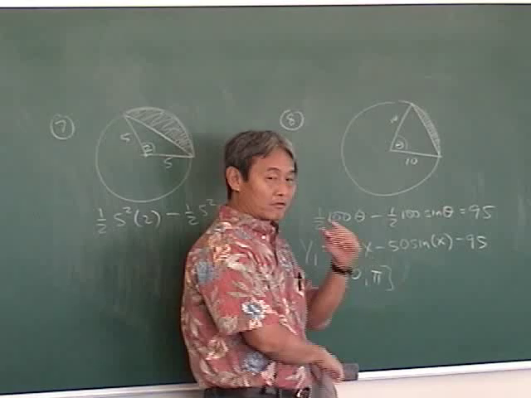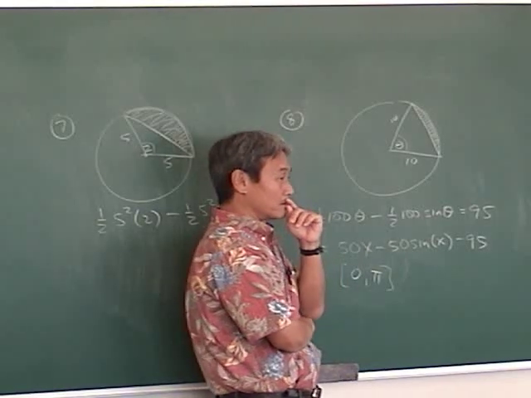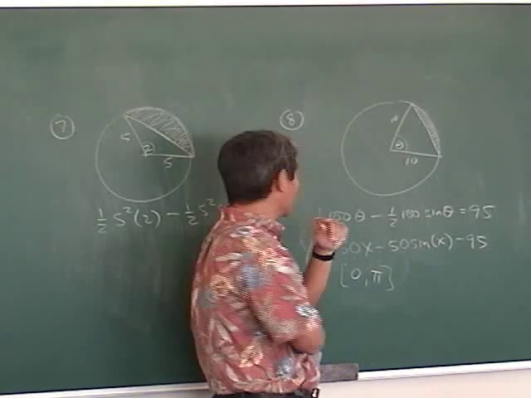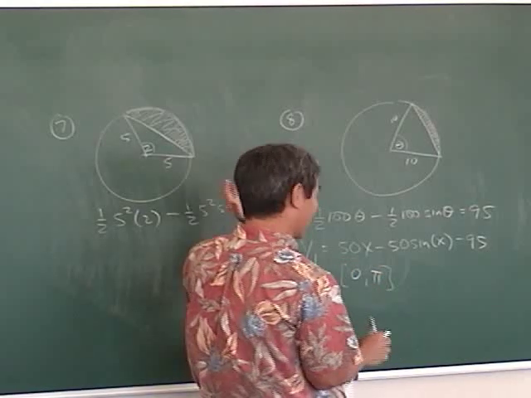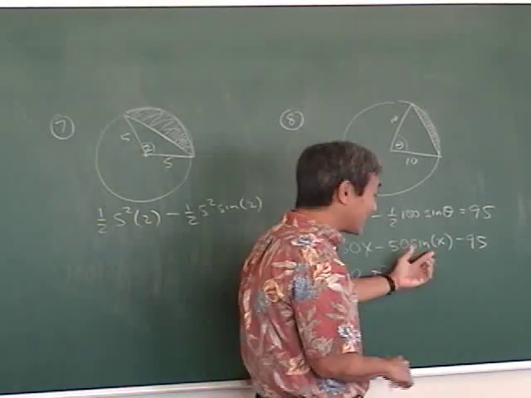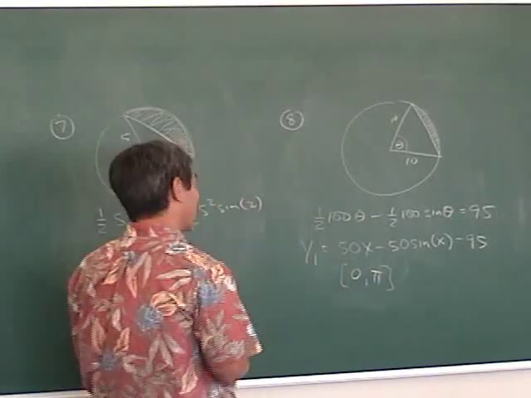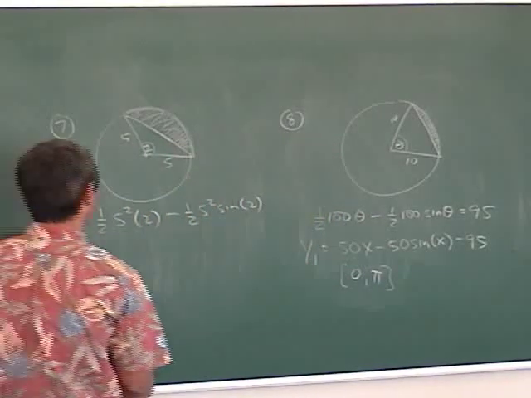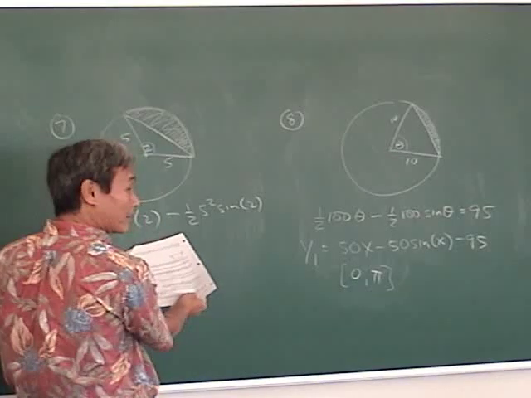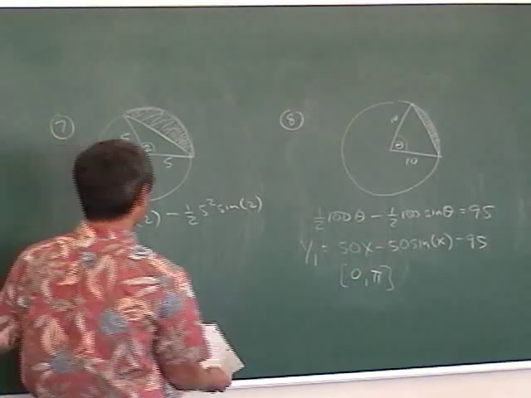And what, degree mode or radian mode, or it doesn't matter in this problem? Radian mode, so now you got to change back. Because look, anytime you graph a trig function, you got to be in radian mode. And we're graphing a trig function. See, this one you're not graphing, you're just computing, right? That's the difference.